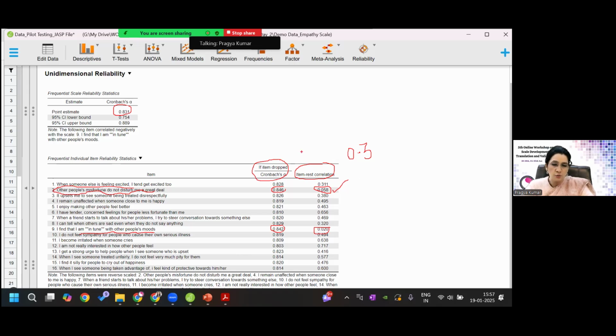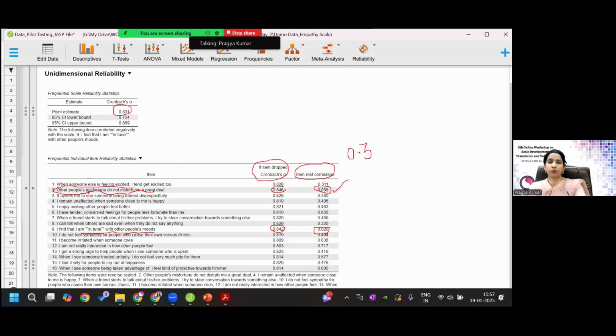And have you understood what is item rest correlation? Item rest correlation is the correlation coefficient between this item, other people's misfortune does not disturb me, and the rest total score. Means the rest of the 15 questions' total score, and this score. The correlation coefficient is calculated between these two.